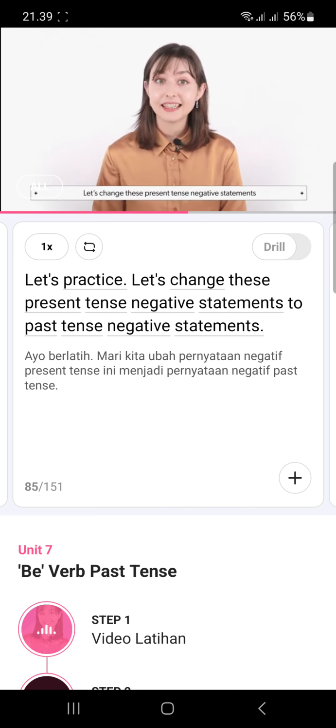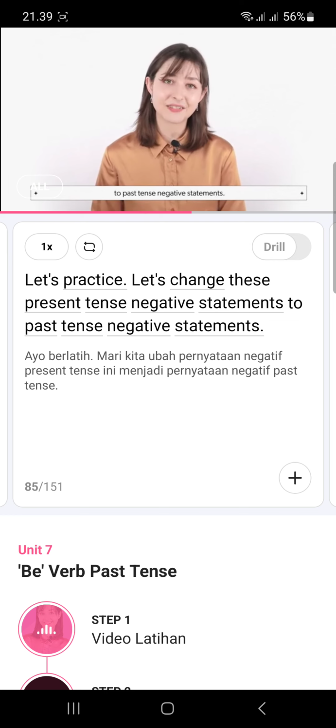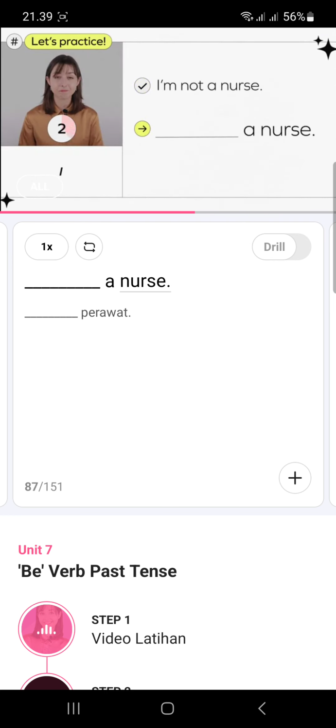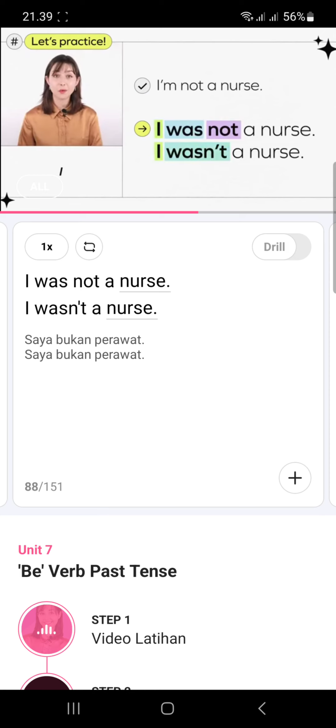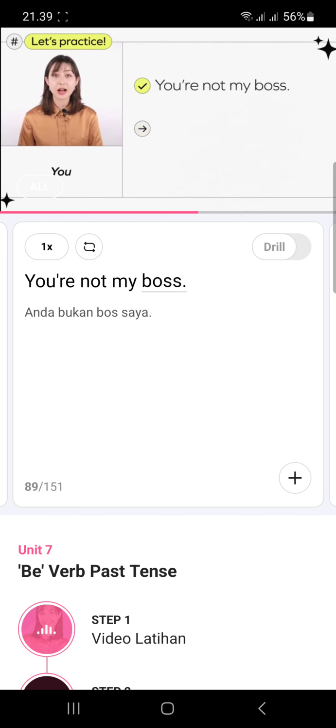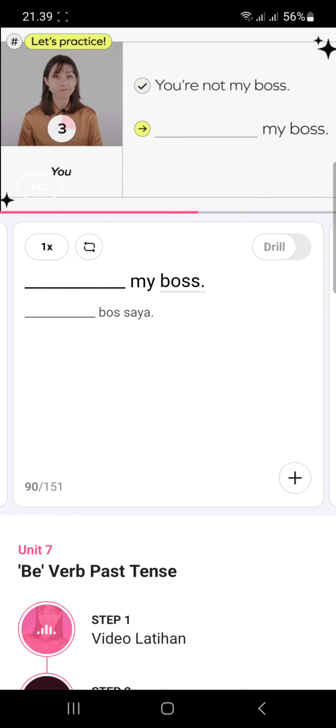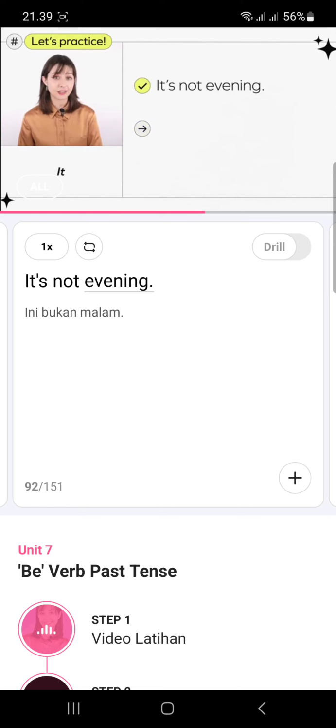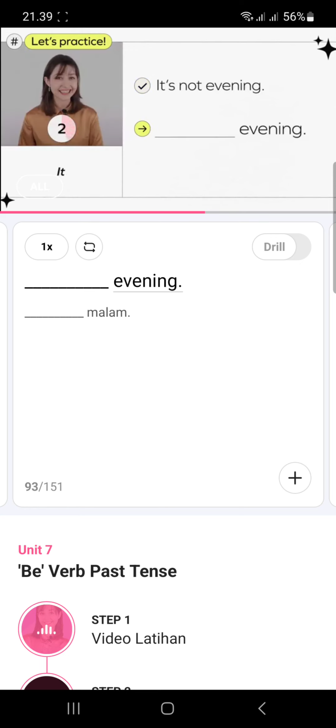Let's practice. Let's change these present tense negative statements to past tense negative statements. I'm not a nurse. I was not a nurse. I wasn't a nurse. You're not my boss. Good. You were not my boss. You weren't my boss. It's not evening. Nice.